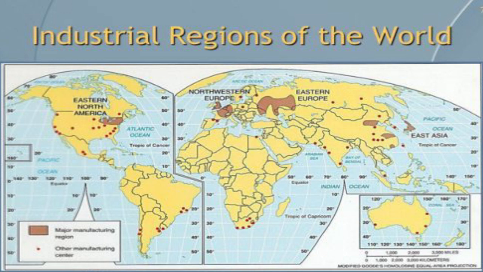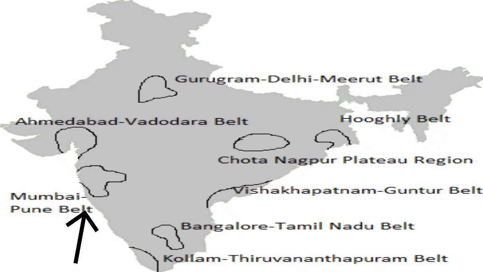Major industrial regions in India are Mumbai Pune cluster, Bangalore Tamil Nadu region, Hooghly region, Ahmedabad Baroda region, Chota Nagpur industrial belt, Vishakhapatnam Guntur belt, Gurgaon Delhi Meerut region, and Kollam Tiruvananthapuram industrial cluster.